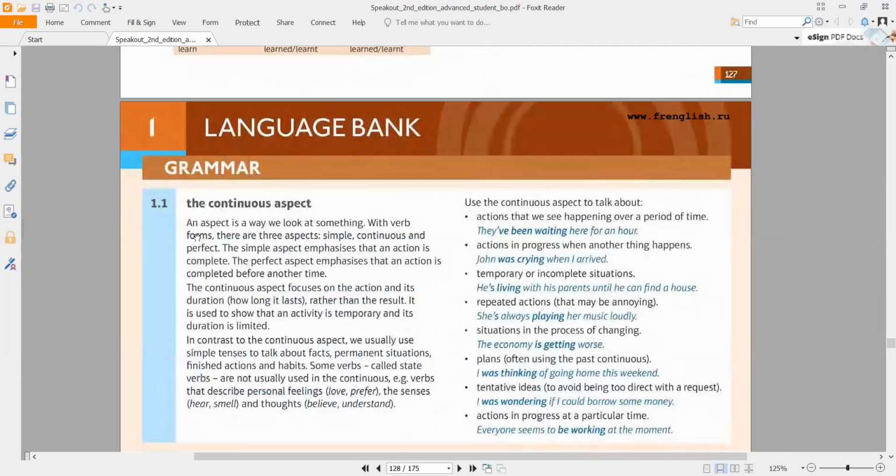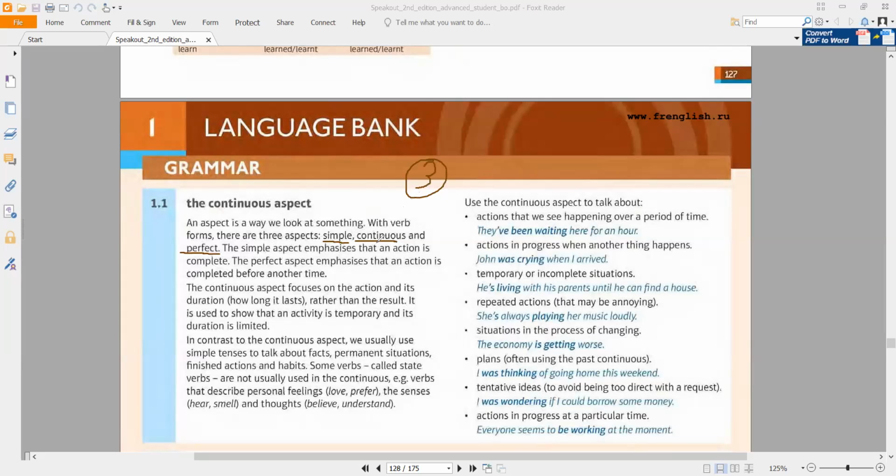They're telling you, an aspect is a way we look at something. With verb forms, there are 3 aspects: simple, continuous, and perfect. This is exactly what I wanted to tell you. These are the 3 main aspects in the English language, and every other tense is just a subdivision of the main divisions, which are simple, continuous, and perfect.